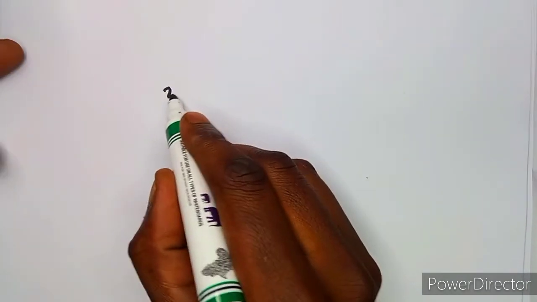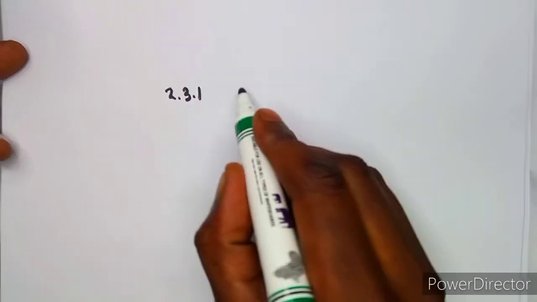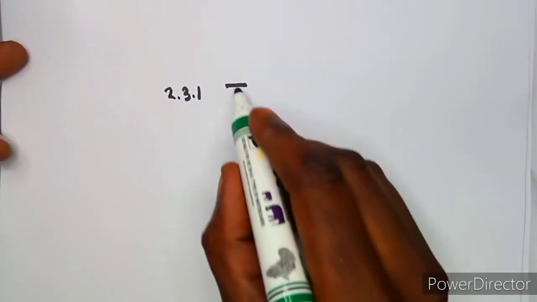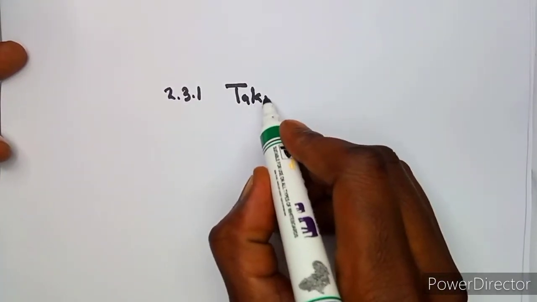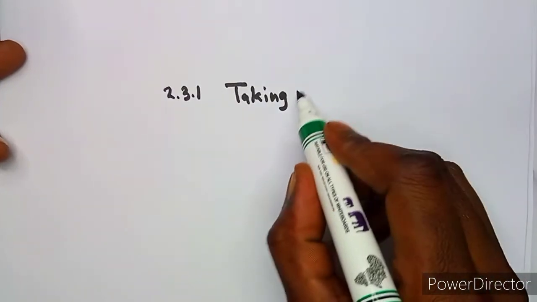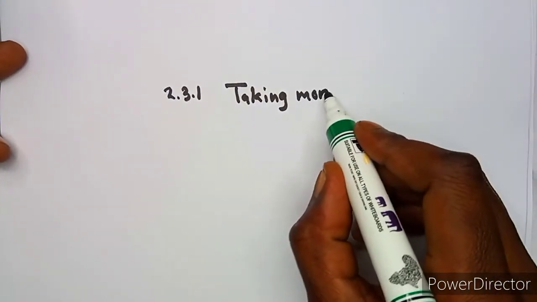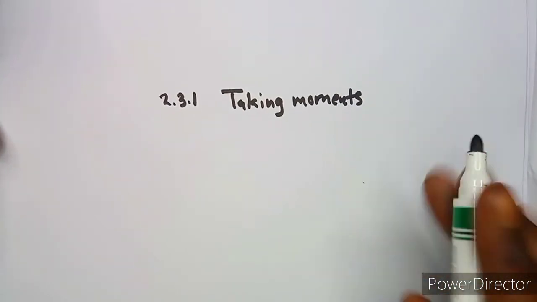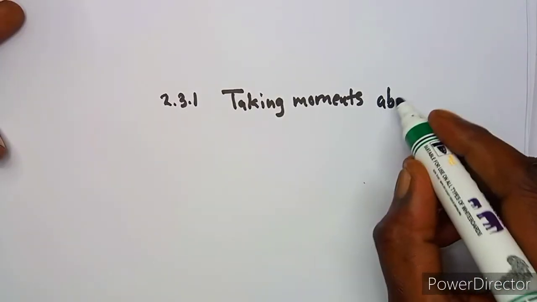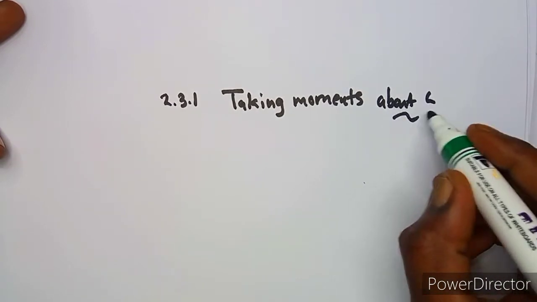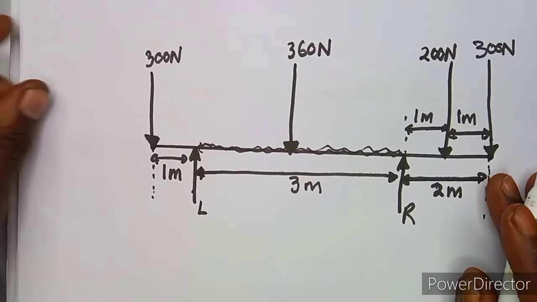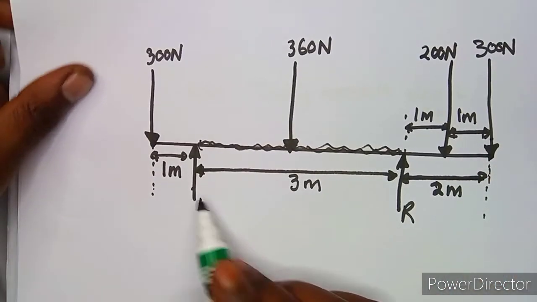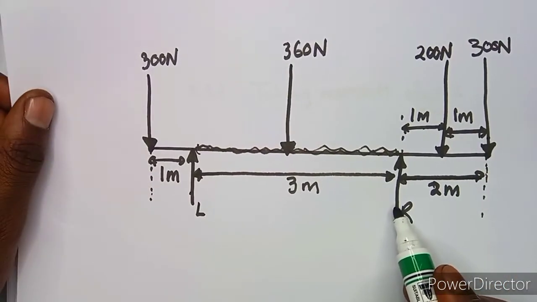Okay, so taking moments about L, I'm going to start with L, which is this support here, so that we can find the value of R here, which is the support R.